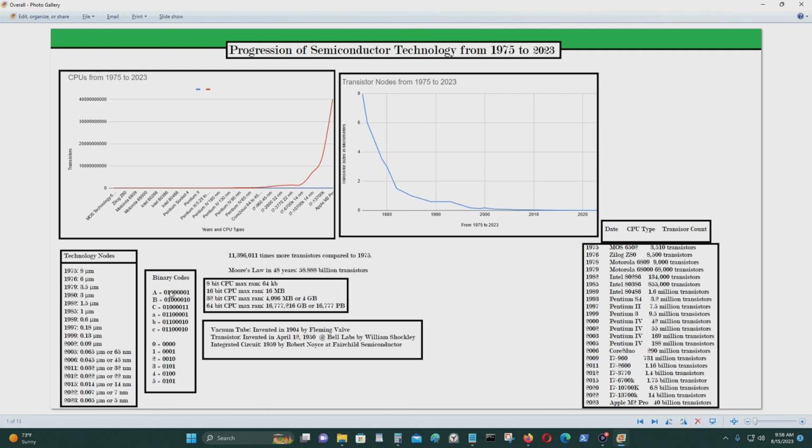So transistors are important in that computers use binary codes, and this is an example of a binary code. This is a sequence of numbers. So I think on is 1, off is 0.